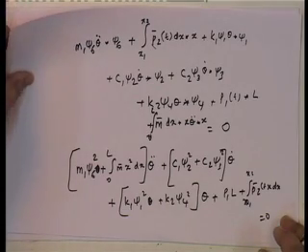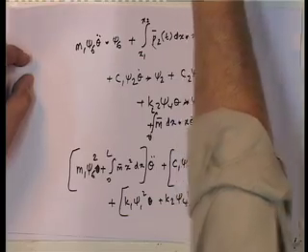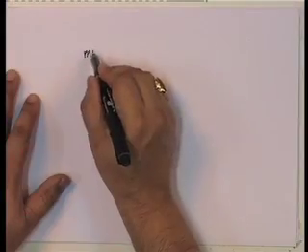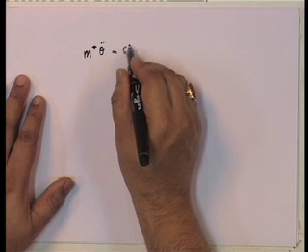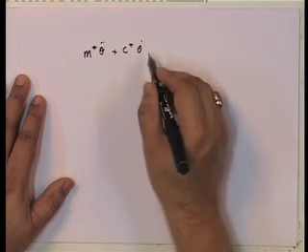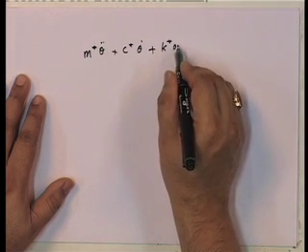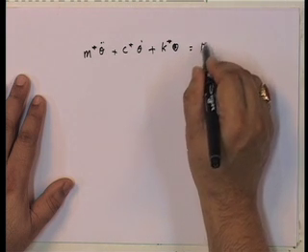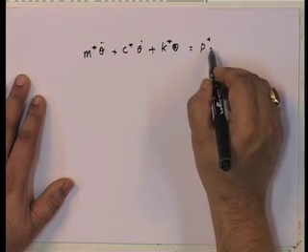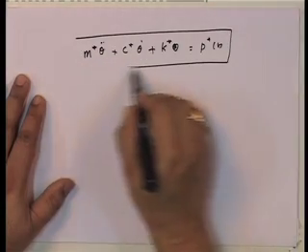So, if I write this in this form, then I am going to write this in the form m star theta double dot plus c star theta dot plus k star theta is equal to p star of t. Note that this looks like what?